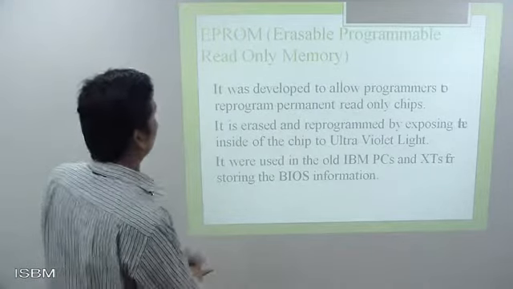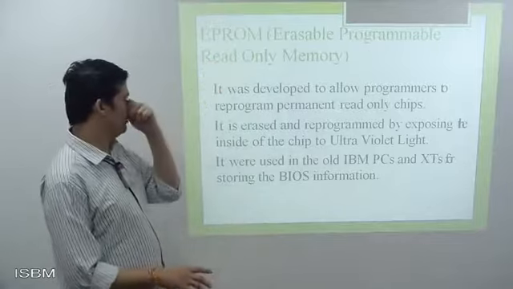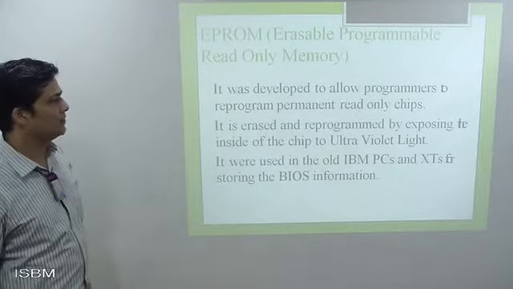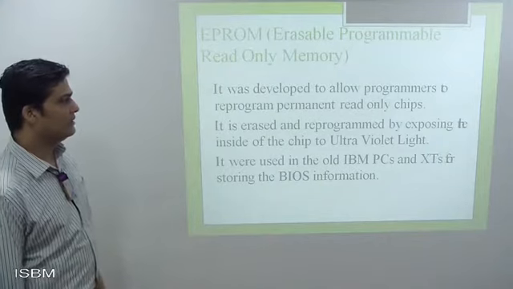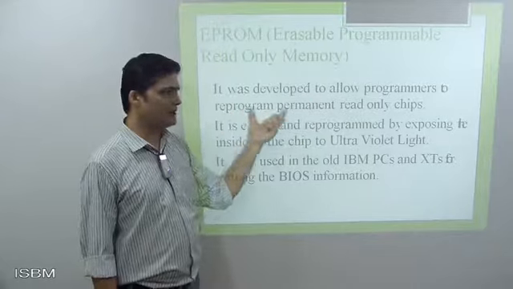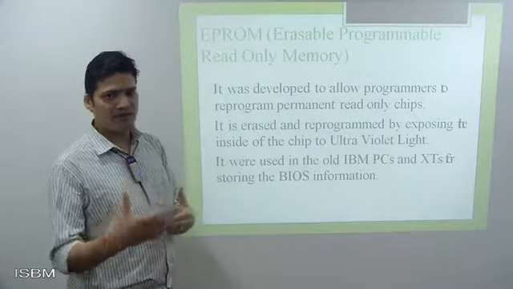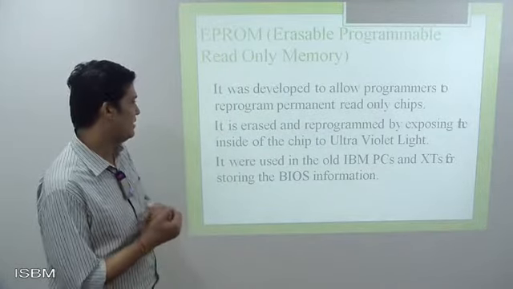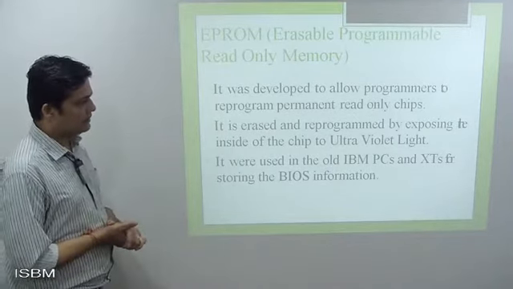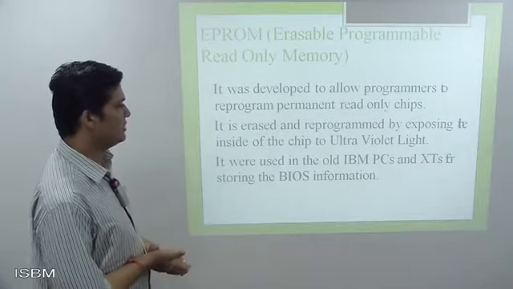Next is the erasable programmable read-only memory, EPROM, erasable in the sense that it can be erased. It was developed to allow programmers to reprogram permanent read-only chips. It is permanent for reading purposes. It is erased and reprogrammed by exposing the inside of the chip to ultraviolet light.